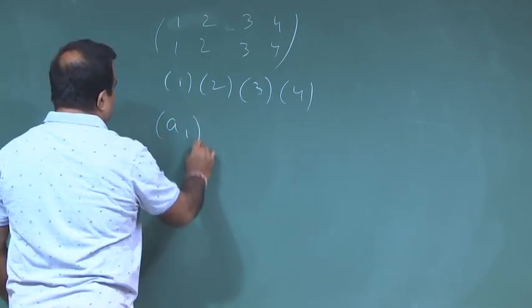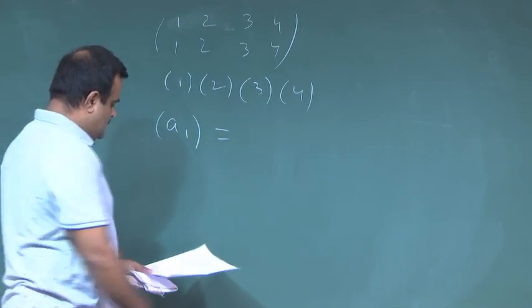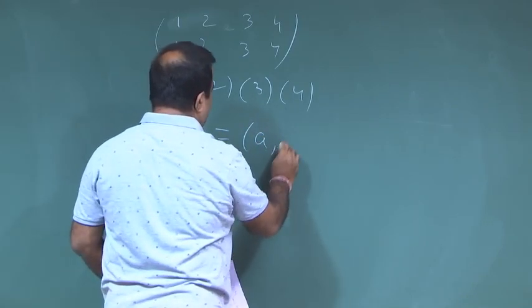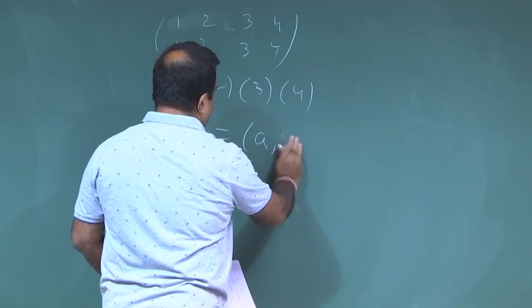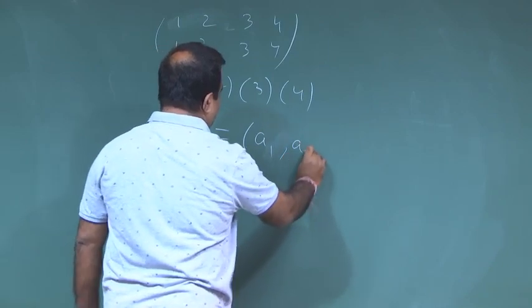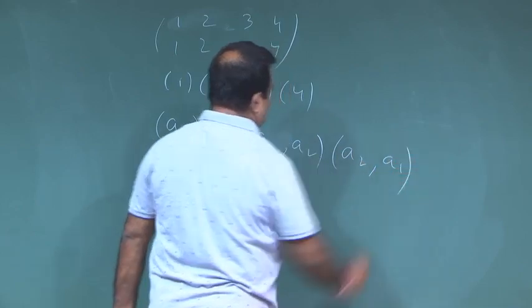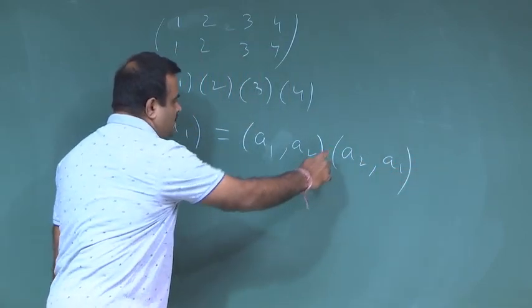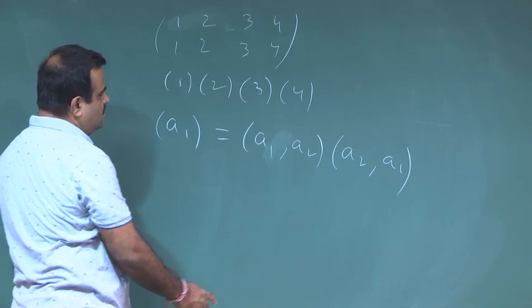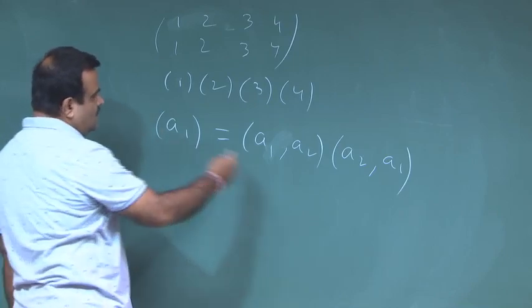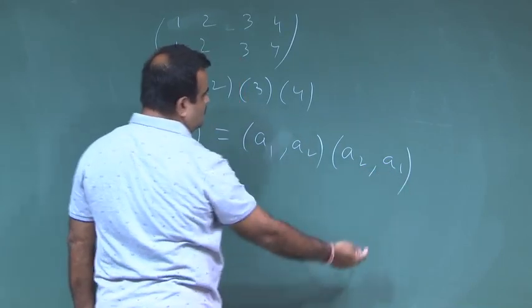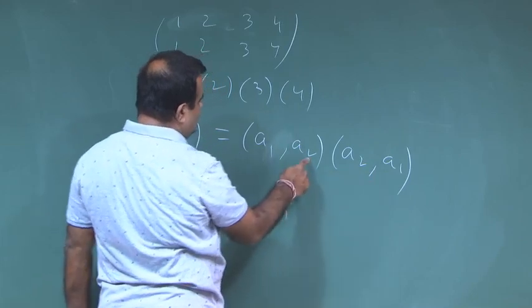Suppose A1 can be written as A1, A2 and then A2, A1. So, this is the composition mapping. What is the meaning of this? We first apply this, so A1 is going to A2 and again A2 is going to A1.